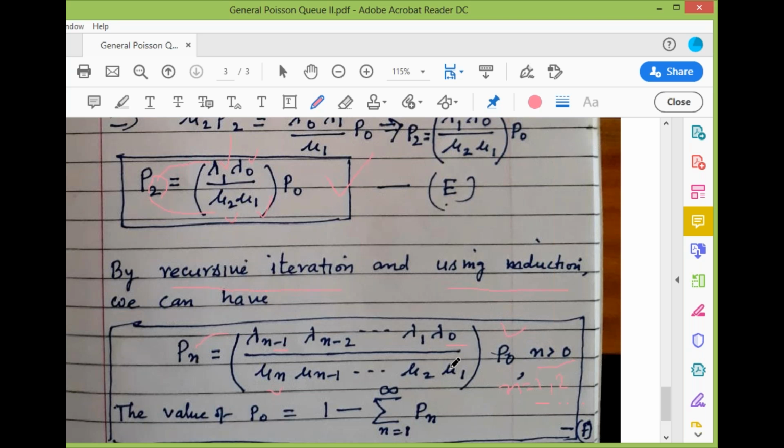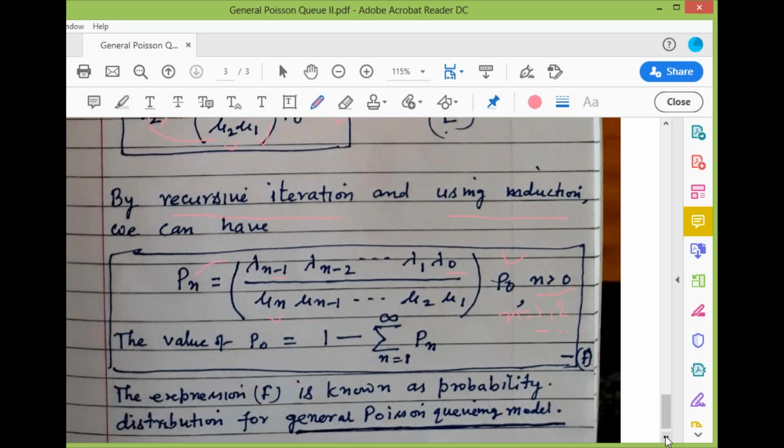But now the question arises: how can we compute P naught? This expression is not complete, because we are not given P naught so far. If P naught is not given, then we must find its value.